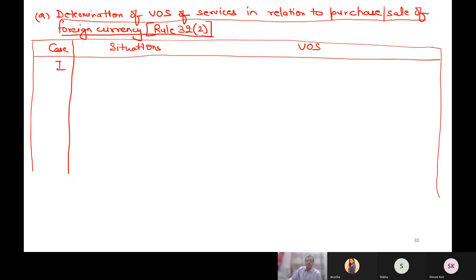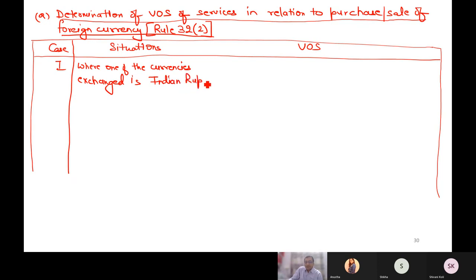In both the situations, what is happening? One of the currencies is Indian rupee. This is my situation 1, where one of the currencies exchanged is Indian rupee.